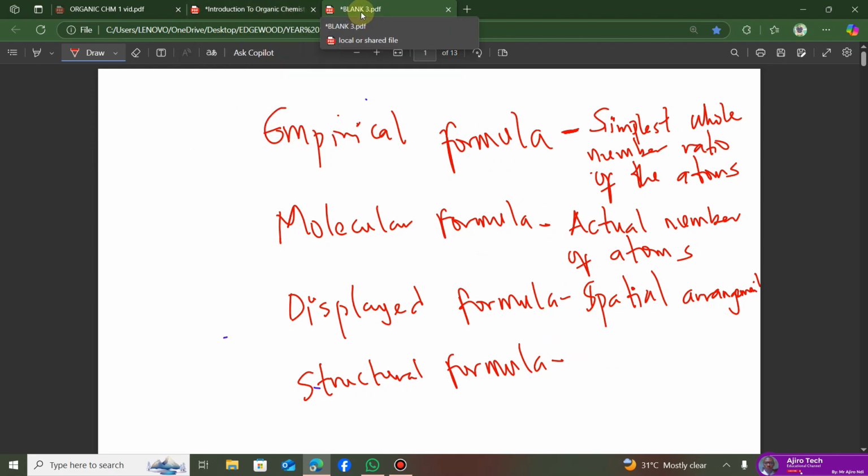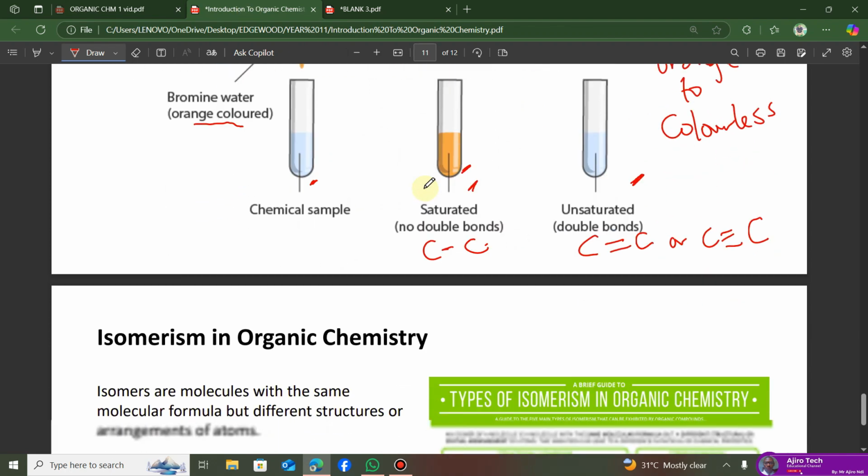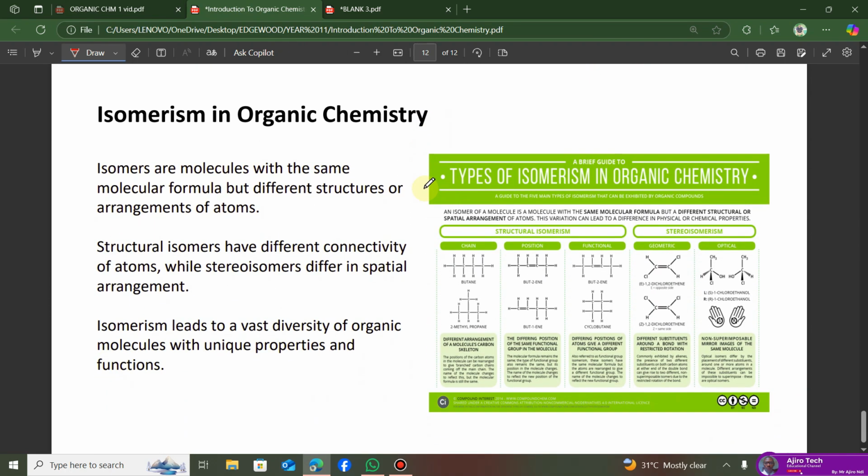All right, so now that we have seen structural formulas, let's go back to the slide and talk about what structural isomers are about. Structural isomers are simply organic compounds with the same molecular formula but different structural formulas.